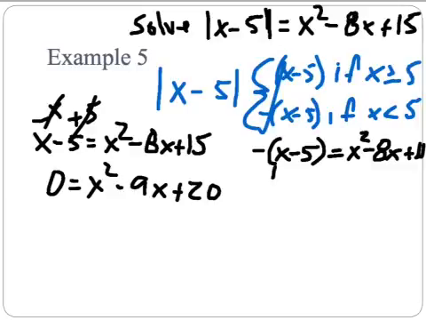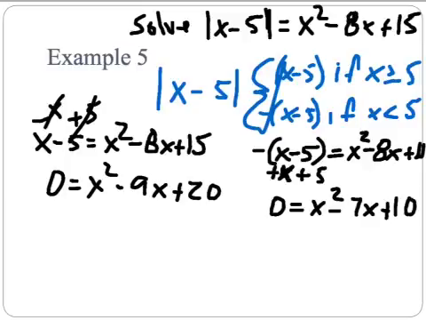I'm going to have to add an x and add a 5 to each side. Now I get 0 equals x squared minus 7x plus 10. Okay, so now I have to factor each of these.